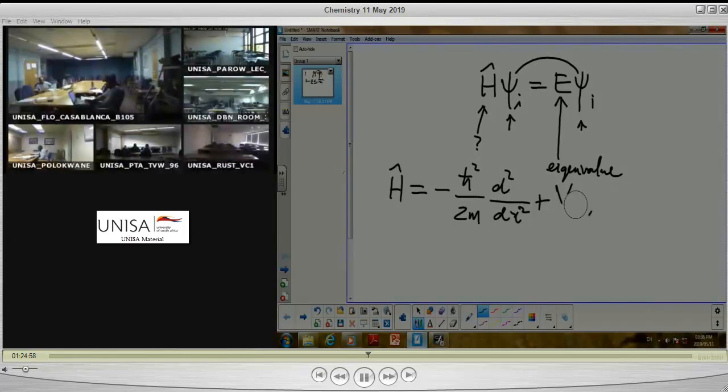Once we have removed this, we can rewrite this equation as equal to minus.